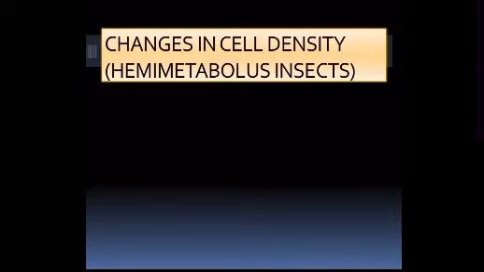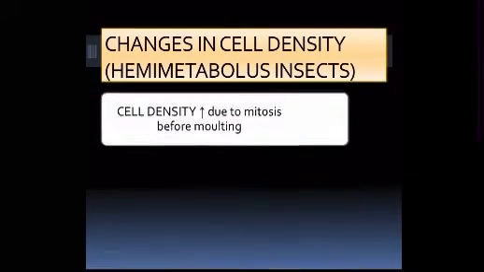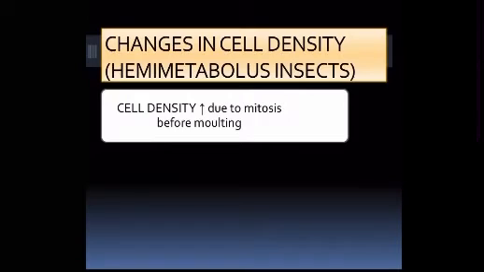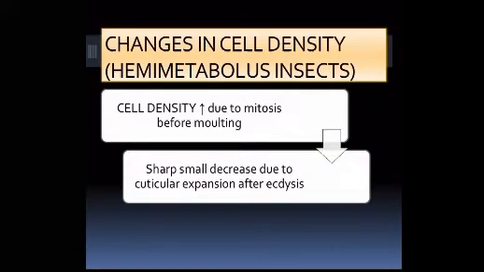Also, the hemimetabolous and the holometabolous insects show some differences with respect to change in cell density. In the case of well sclerotized hemimetabolous insects, as we just discussed, firstly the cell density increases due to mitosis before molting. Then the cell density decreases upon cuticular expansion.